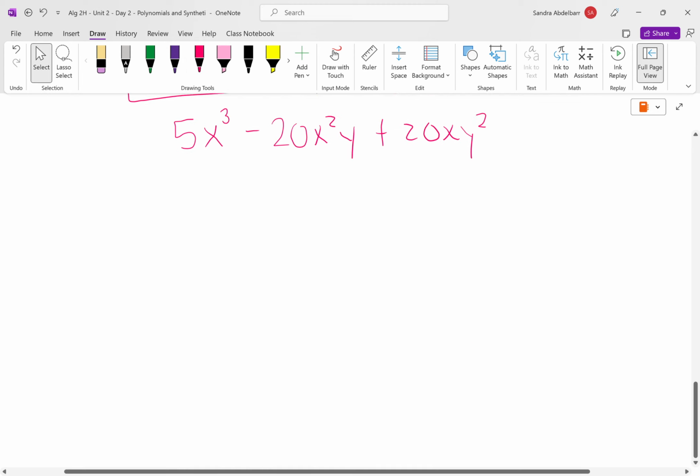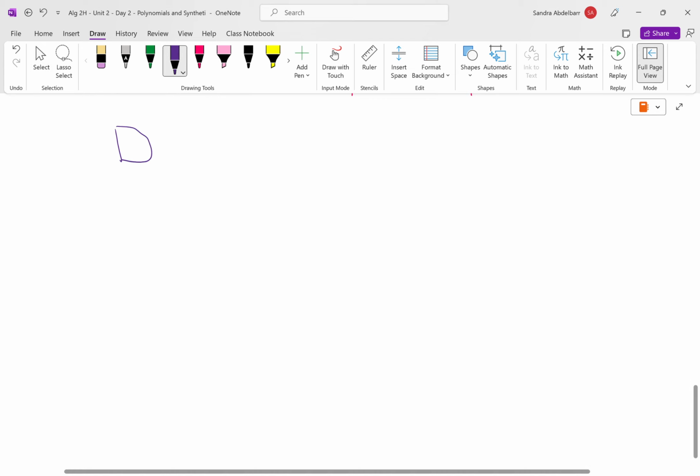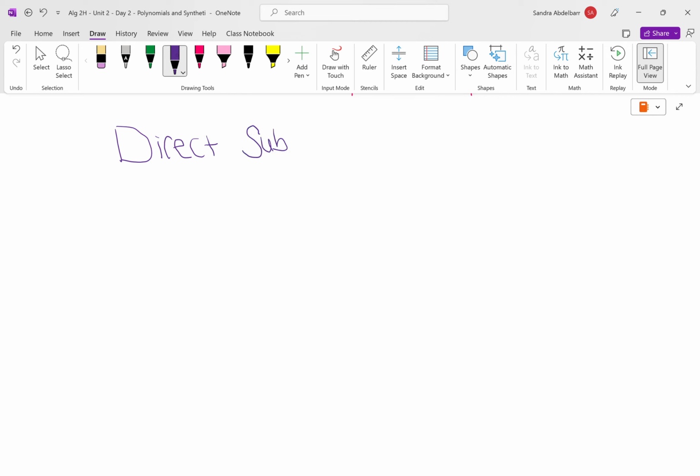Let's move on to synthetic substitution. At this point, primarily what you've been dealing with is direct substitution. So let's talk about direct substitution.